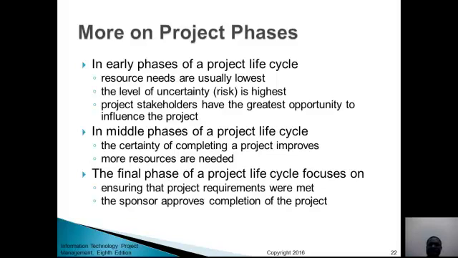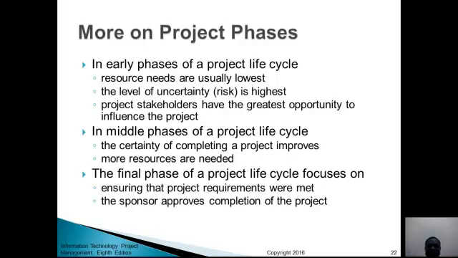In the middle phase of a project life cycle, the certainty of completing a project improves and more resources are then needed because now you see the outcome to be a bit closer. You've had an idea how it should be done, and therefore you commit more resources. The final phase of the project life cycle focuses on ensuring that project requirements were met.